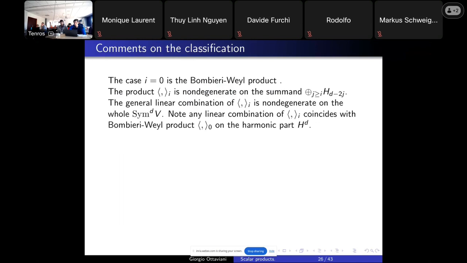And all the linear combinations coincide with Bombieri-Weil on the harmonic part. Why? Because if you have two harmonic polynomials and you apply the Laplacian, you get 0. And then there is nothing else when I is bigger than 0. It remains only Bombieri-Weil.